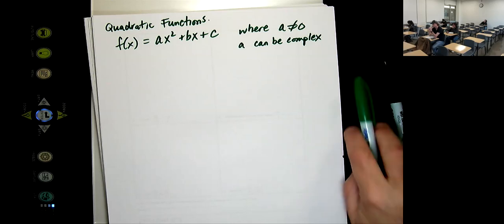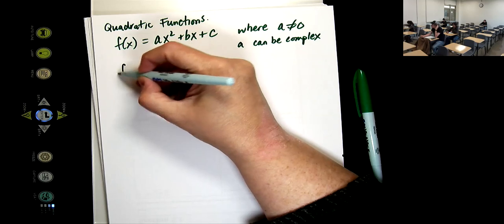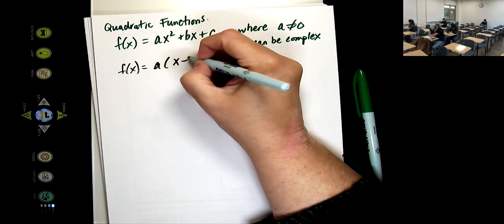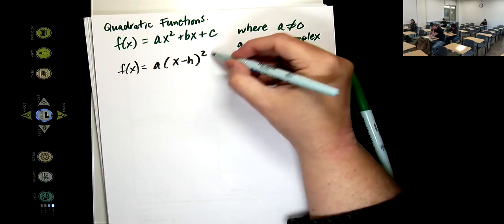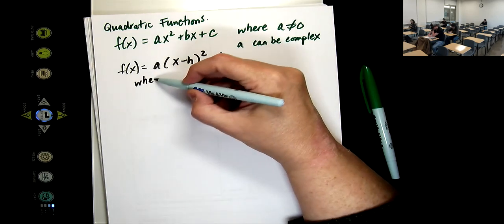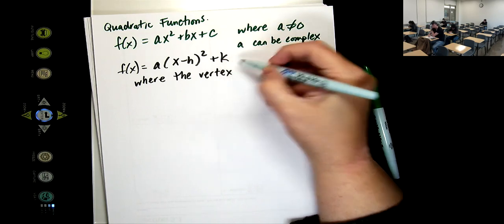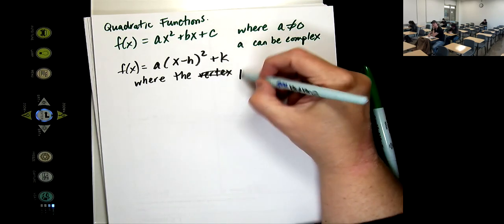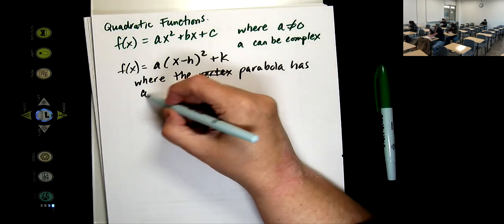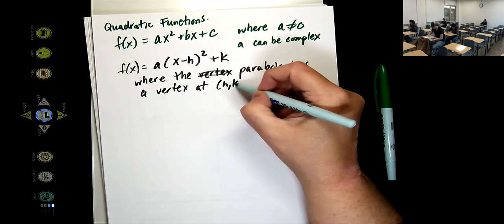We talked about graphing these before. When we graphed this in 2.7, we had f of x equals a times x minus h squared plus k, where the parabola has a vertex at h, k.